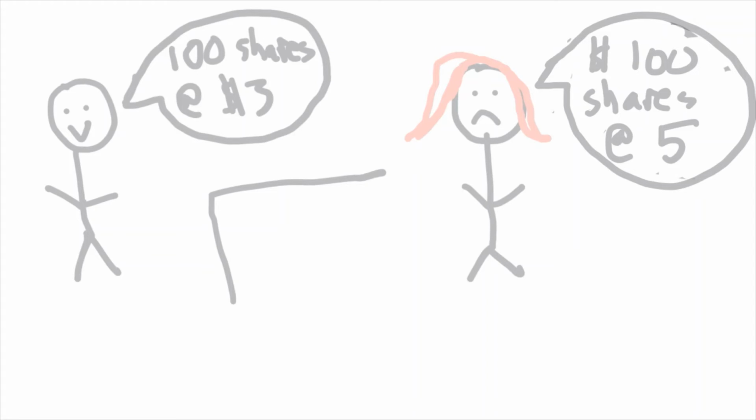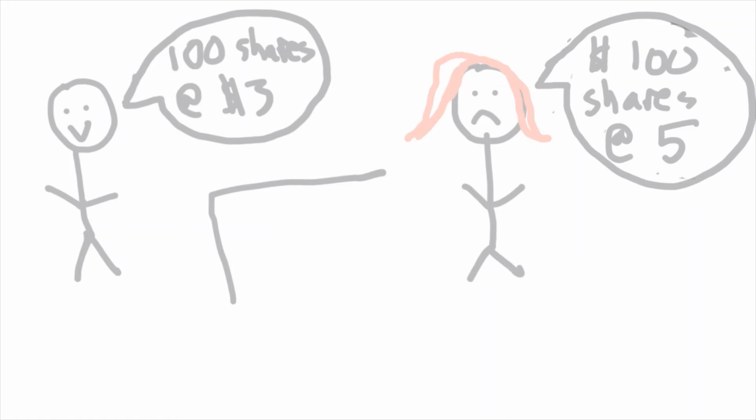And so if they're willing to sell their 100 shares at $5, no business is going to be done here because you're the bid. You're willing to buy 100 shares at 3, and they're the ask. They're only going to accept $5 or better for their shares. So unless there's compromise, either them coming down to $3 or you going up to $5 or something in between, no business is going to be done here.